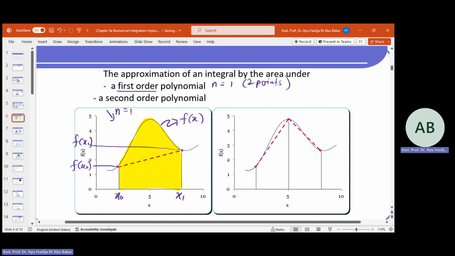You only have 2 points, meaning that one segment. Here you see one trapezoid. So these 2 points, f(x0) and f(x1), are the connecting points for the trapezoid. You have only one trapezoid. That's why n equals to 1.